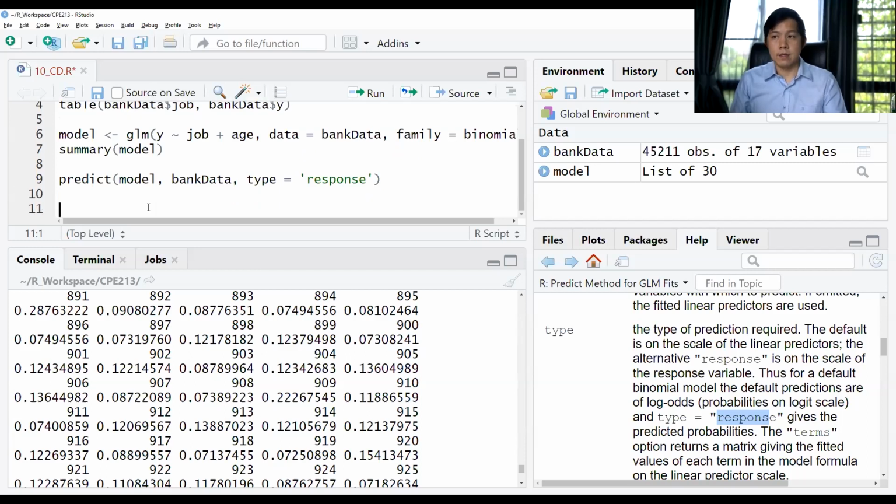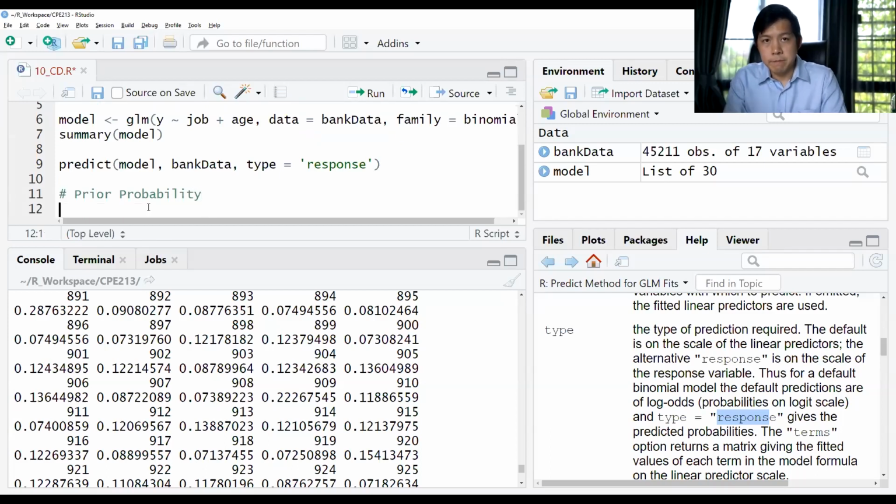It traces back to the thing we learned before the midterm. It's called prior probability. Prior probability is the probability of the class happening without any adjustment.